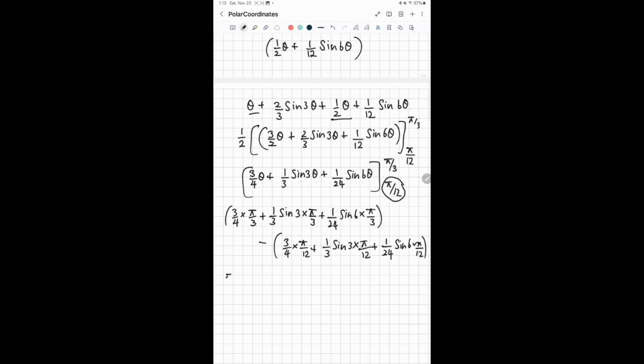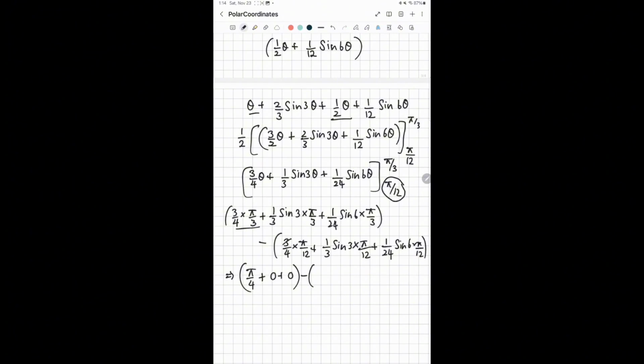You've got to use your calculator for this one. For this we can straight away write pi over 4. And for the others, 1 over 3 sine 3 into pi over 3, that's 0. 1 over 24 sine 6 into pi over 3, that's 0 again.